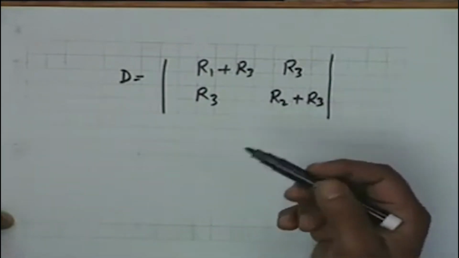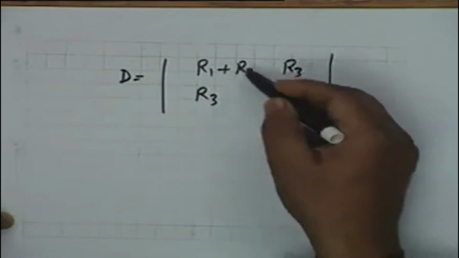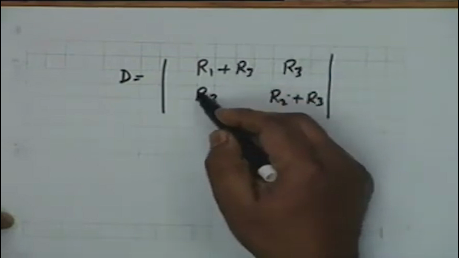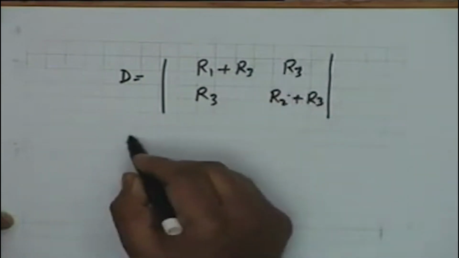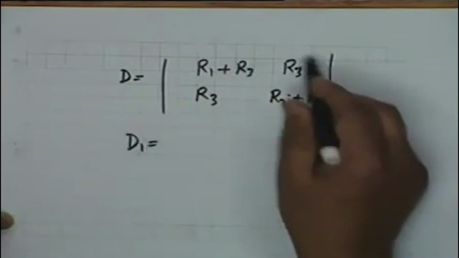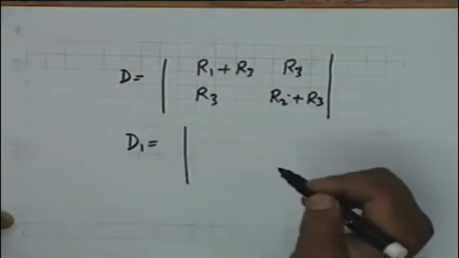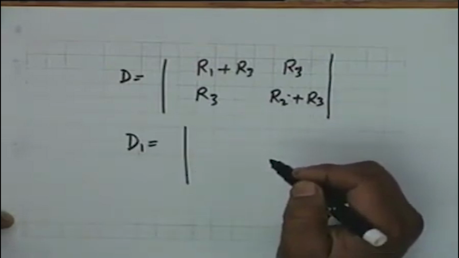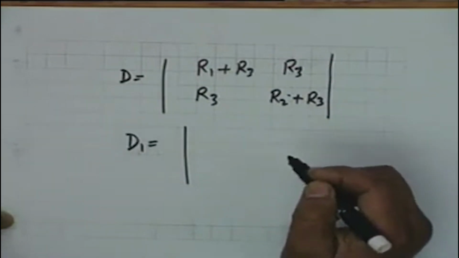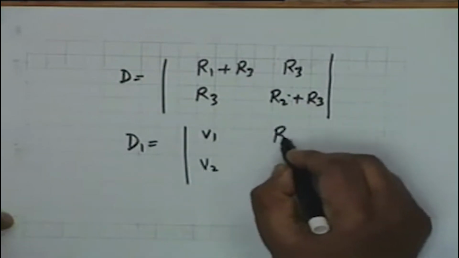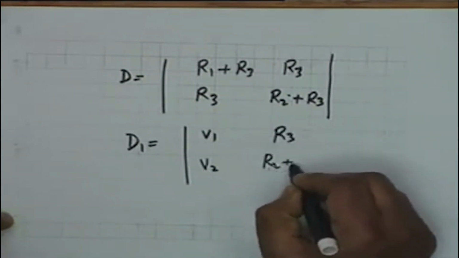All right, this determinant is a 2 by 2, so product of these two minus product of two R3s, and D1 is the same determinant but with the first row replaced by the right hand matrix, that is V1 V2 R3 R2 plus R3.